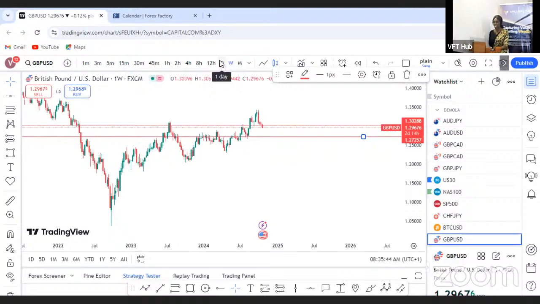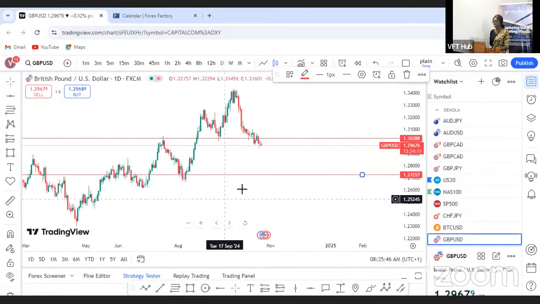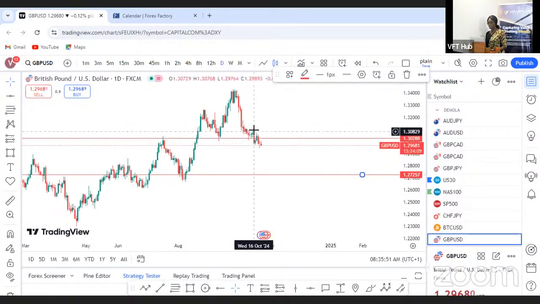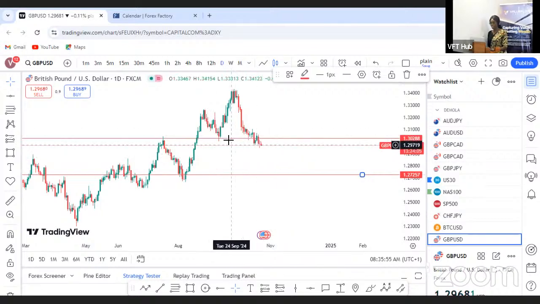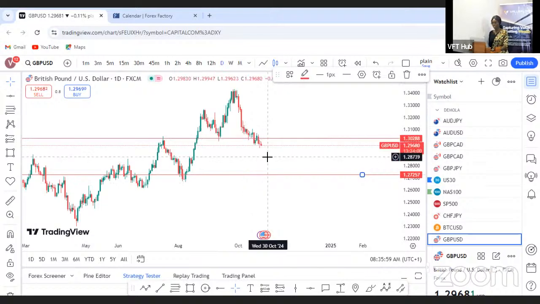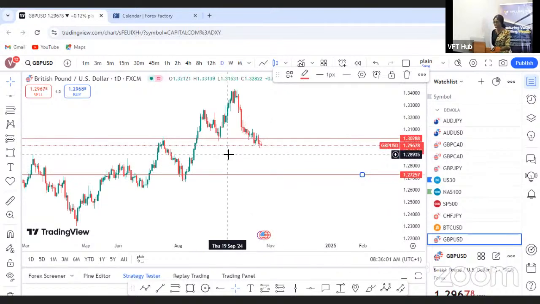And for a daily time frame, what I'm seeing right now is price has actually taken out this low, and a retracement is yet to happen. But I see price keep selling all the way to the downside, right?